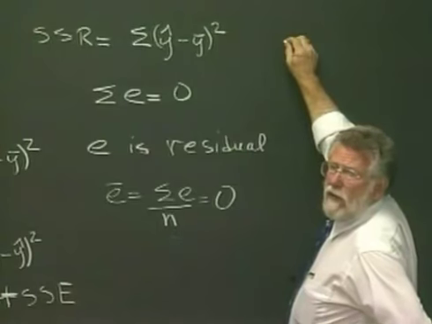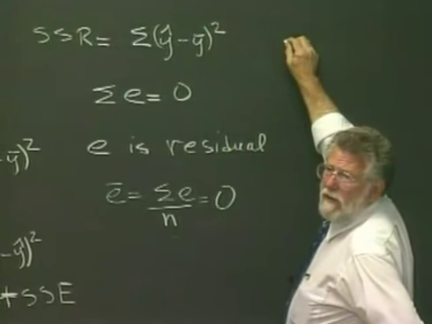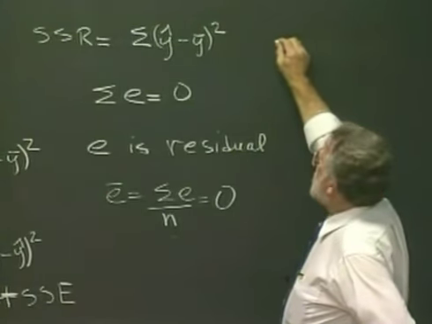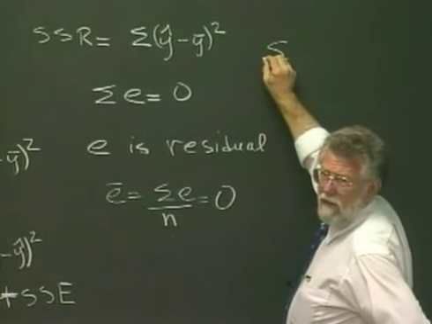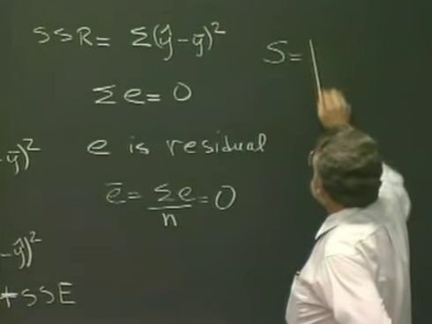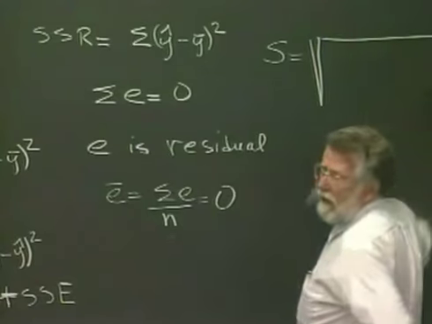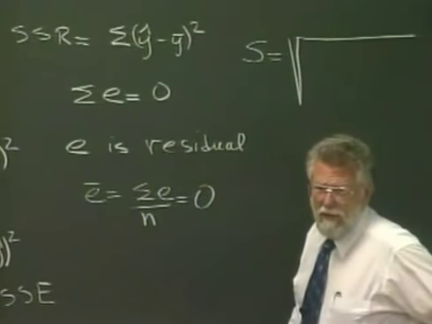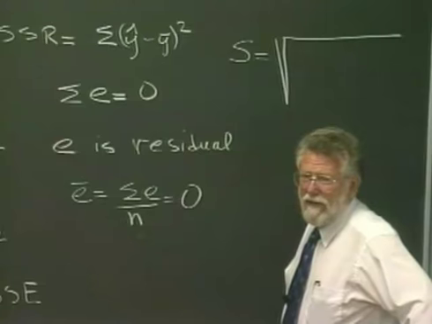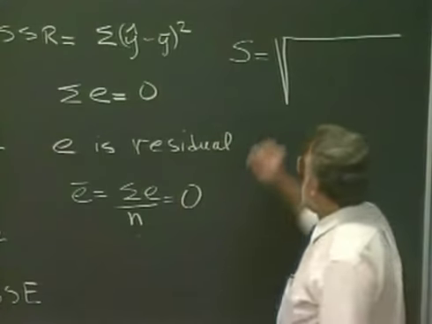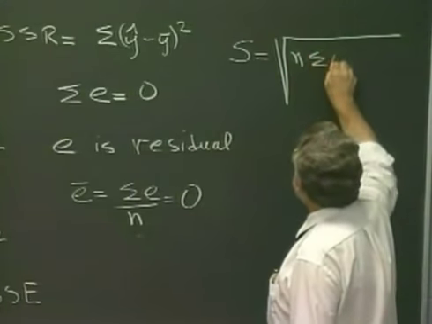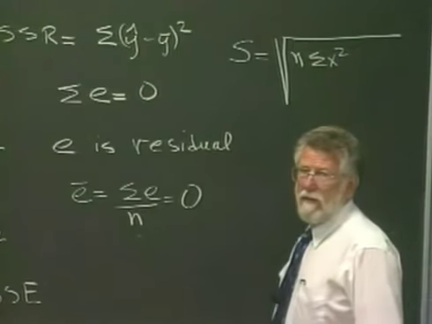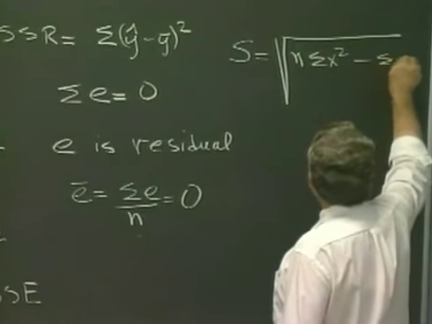What was the computational form for s? I'll help you. It has s on this side, and it has a square root. Okay, I've given that as much help as I'm going to give you. Summation of x squared. Okay, good. Sean's got it going. Minus the summation of x quantity squared.